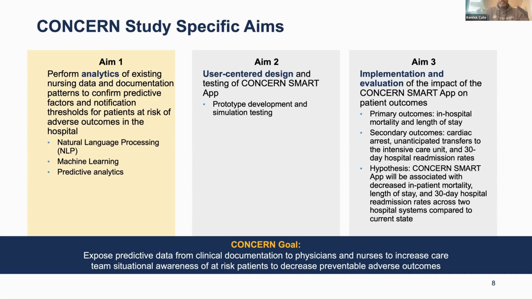We use natural language processing, where we modeled concerning concepts in nursing free-text notes, and we use those variables or features in our machine learning model with other structured variables or features to create a predictive model that then did a risk stratification for deterioration.